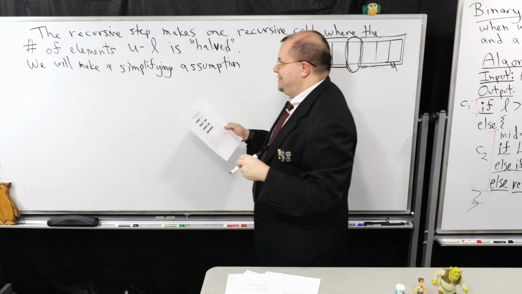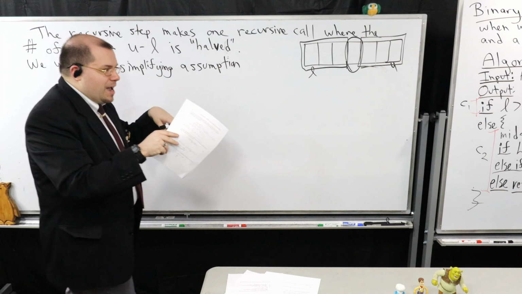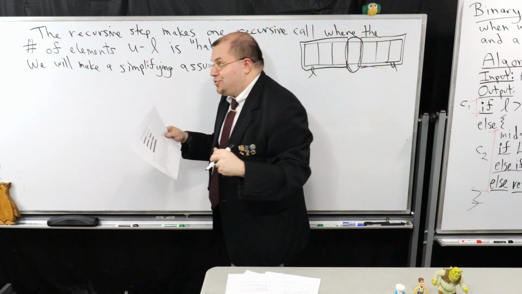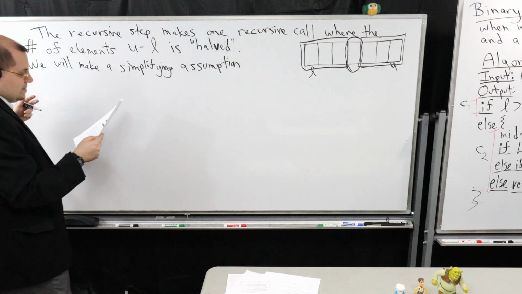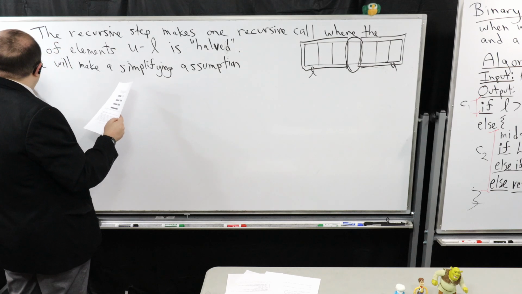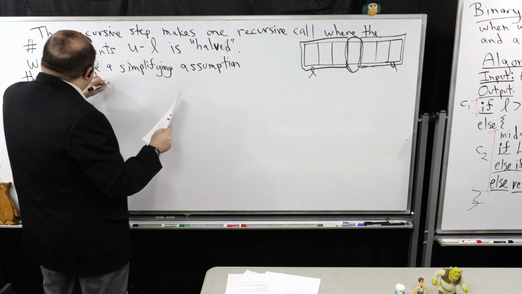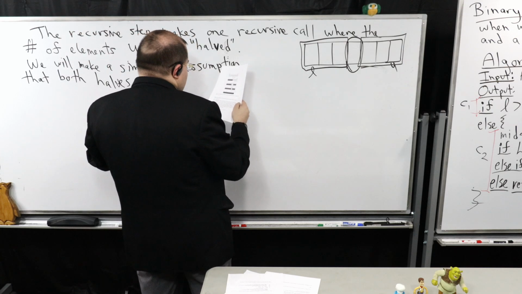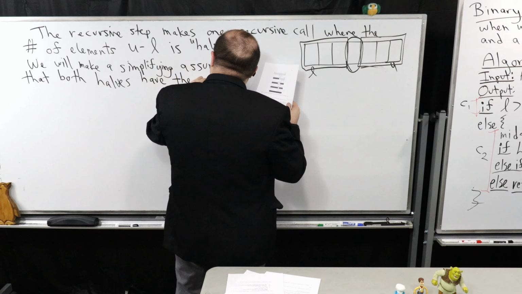That's why I'm allowed to do this. If I wanted to exactly calculate these halves, I can also do that. It's just that the analysis gets a lot trickier, and I don't want to burden you with that. The assumption is that both halves, the ones I'm referring to in that picture, have the same size.